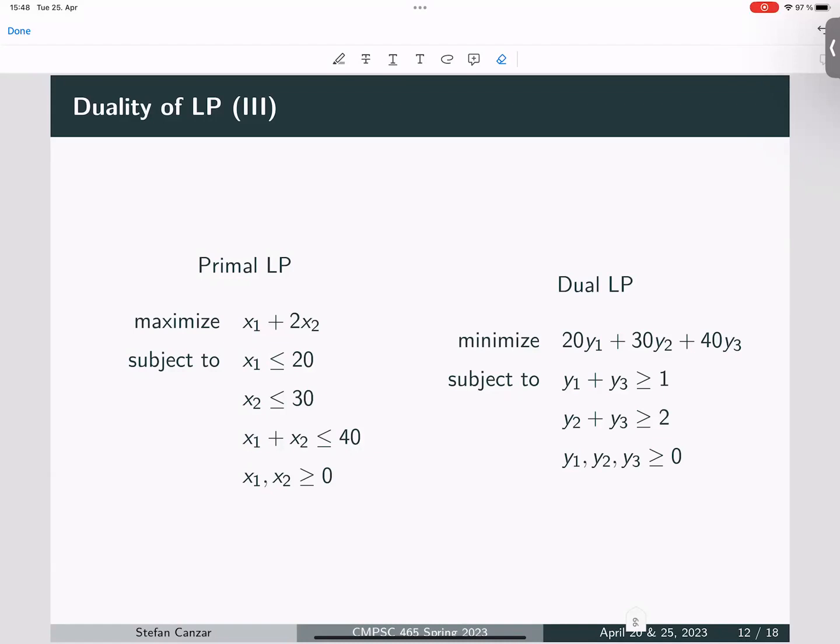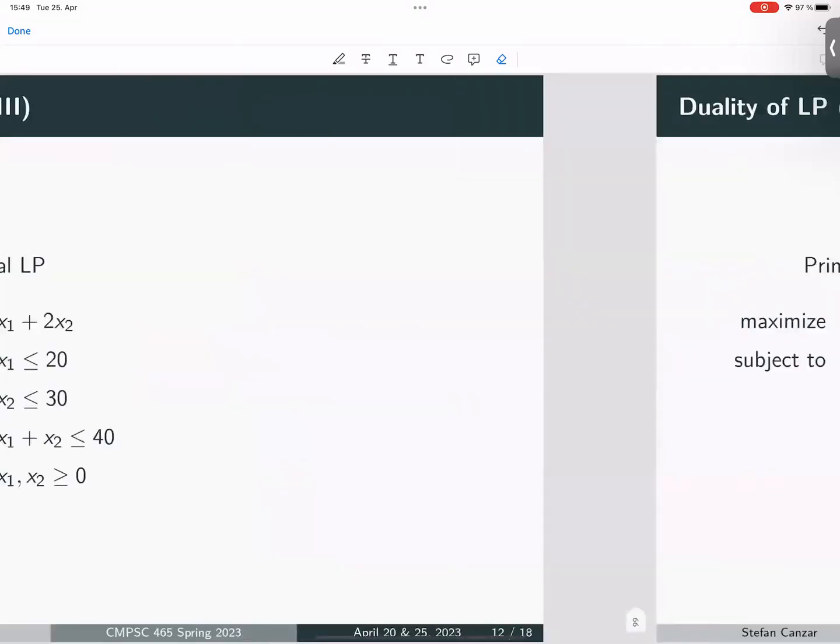So just by finding a linear combination of our constraints and making it look like an upper bound to our objective in the primal LP, we obtain again a linear program where any feasible solution, any coefficients y1, y2, and y3 that satisfy these constraints, will provide an upper bound on any solution here by construction. This is how we came up with these constraints in the first place.